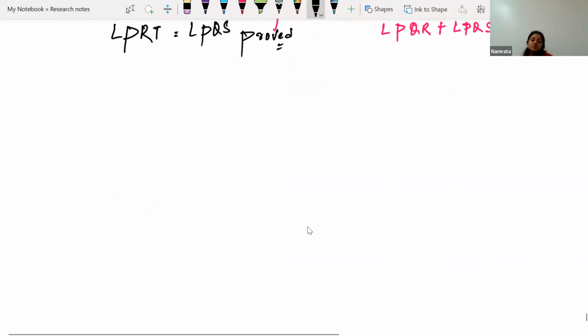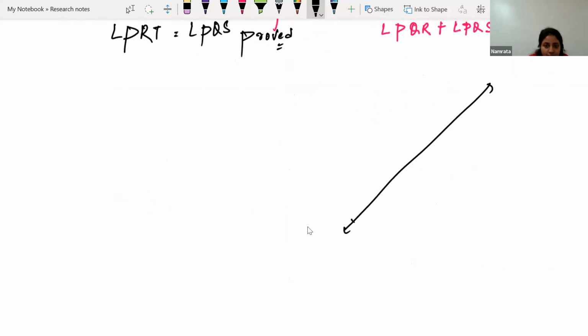Now the next question we are having: there is a straight line AB and there is a ray like this, OC.